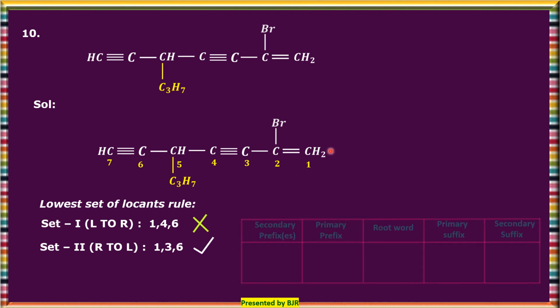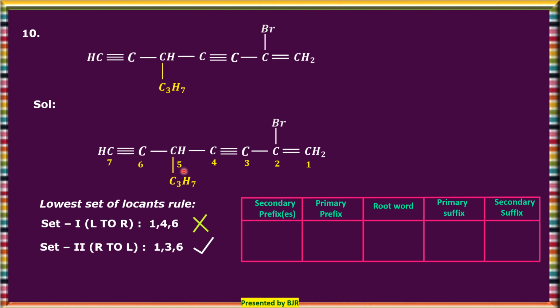so root word: 7 carbon atoms are there. It is hept. Okay, and en, yn, e. There are two substituents. This one is a propyl group attached to the 5th carbon atom, and bromine is attached to the 2nd carbon atom.